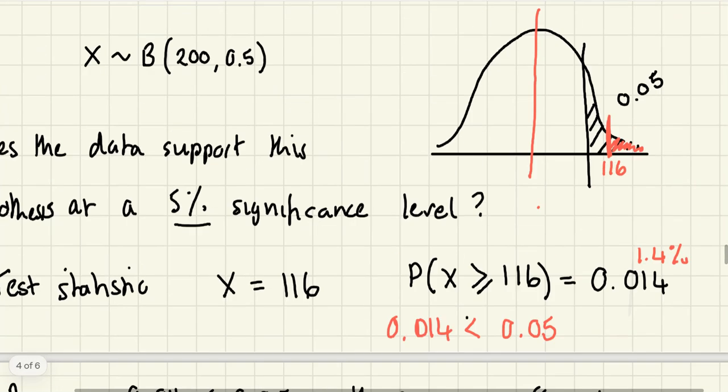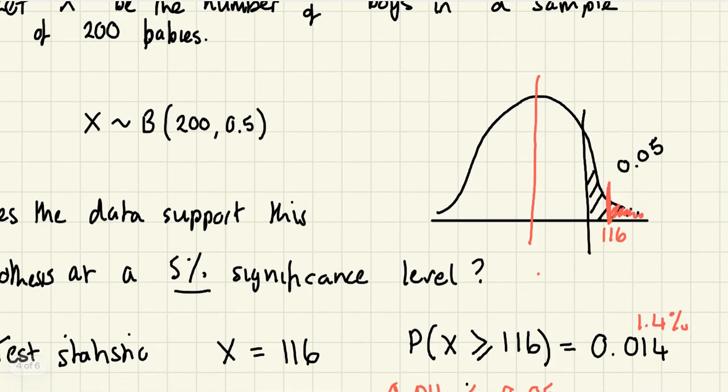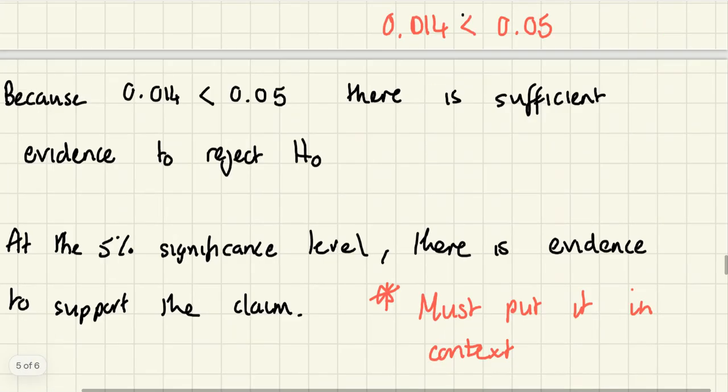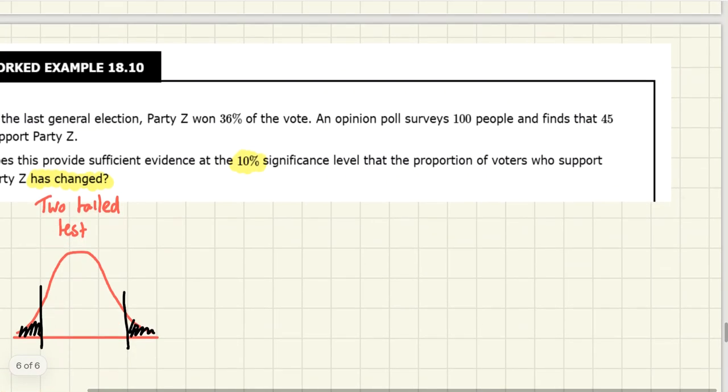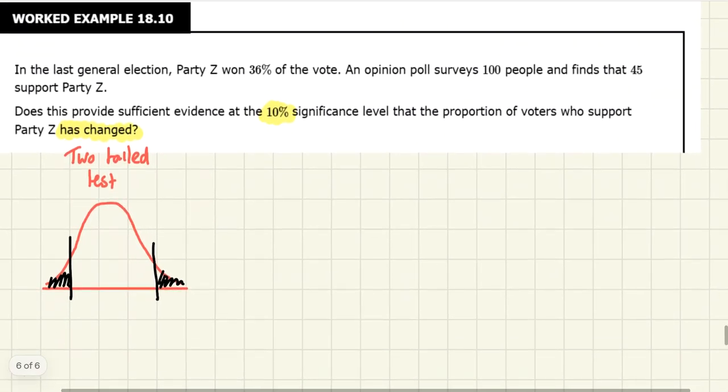The previous one was a one-tailed test because we were only worried about it being greater than a certain amount. But this one, because it could be greater than or less than, is a two-tailed test.